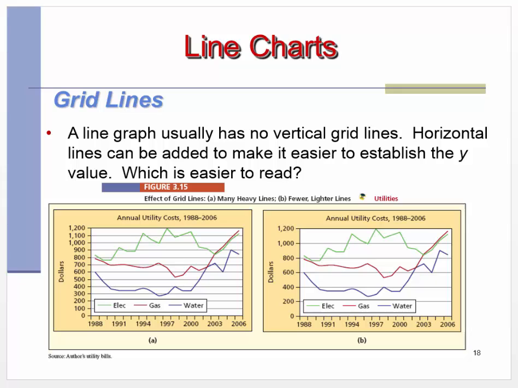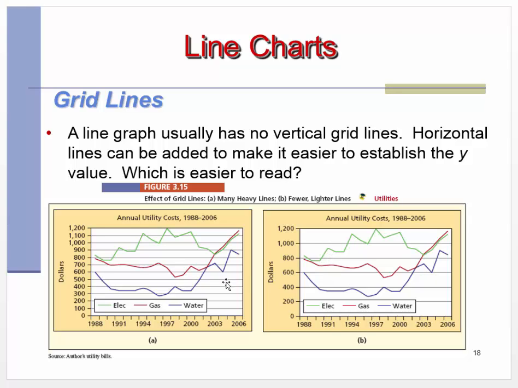Another line chart is one with grid lines. A grid line graph usually has no vertical grid lines. Horizontal lines can be added to make it easier to establish the Y value. So you can see, look at this point here, with grid lines you can see it is clearly between 800 and 1000, right?